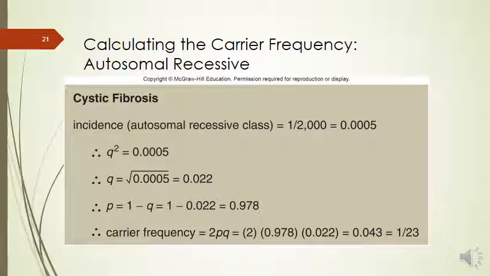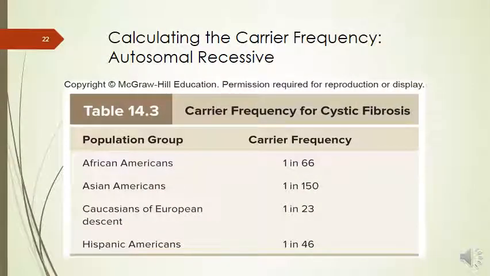Carrier frequency is equal to 2pq, which equals 2 times 0.978 times 0.022, which equals 0.043, which is equal to 1 out of 23. So now let's go back and look at that chart. On that chart, we were looking at the carrier frequency for cystic fibrosis. We see that for Caucasians of European descent, the carrier frequency or incidence is 1 in 23.